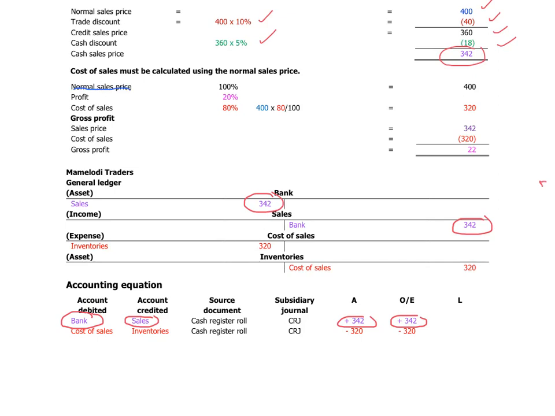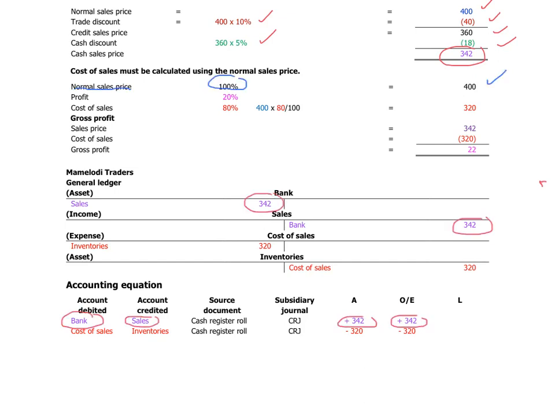Okay, if we want to determine the cost price, I must use the normal sales price to determine the cost of sales. So I will take the 400 Rand and the sales price is given to me. The profit that's made in this calculation is 20% on sales price. If the profit is made on sales price, then sales price equals 100%.